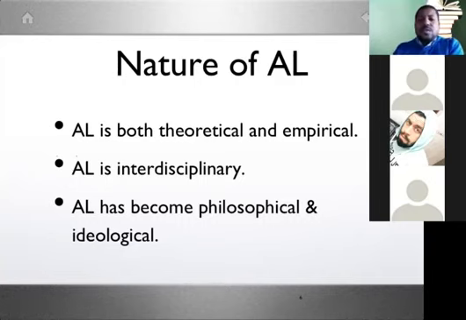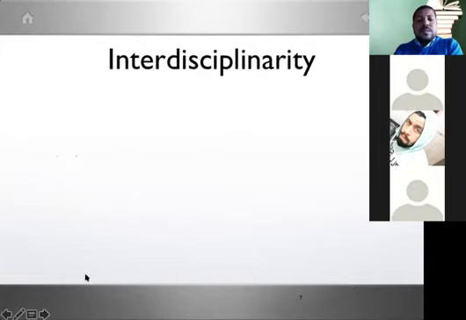If there's no question or addition here, I'd like to move to the next section, which is this idea of interdisciplinarity.